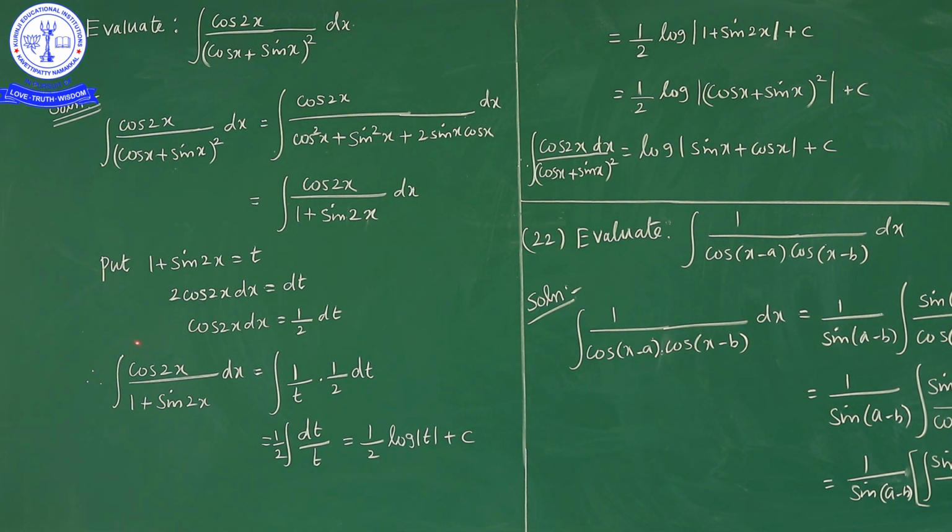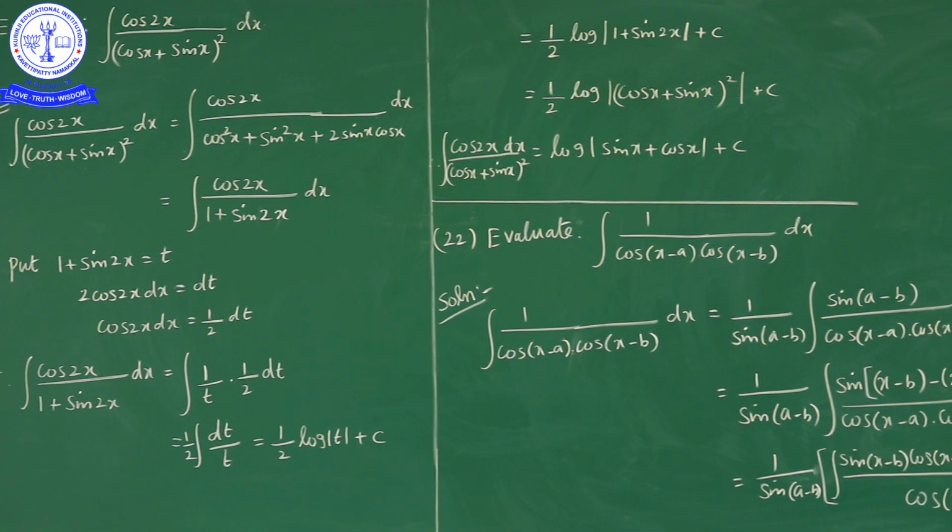So, integration reduces to half into 1 upon t dt, half outside, integration of 1 upon t dt is log mod t, half log mod t, but t is 1 plus sin 2x. 1 plus sin 2x you can write as (sin x plus cos x) whole square. This 2 cancels. So, overall final answer is log mod sin x plus cos x plus c.